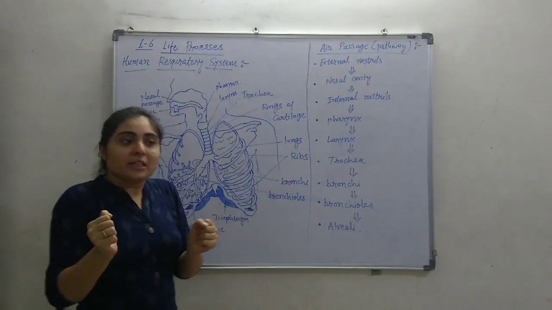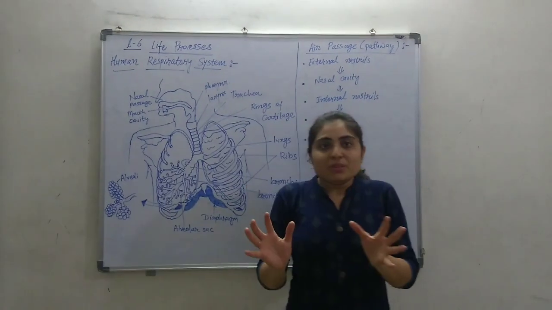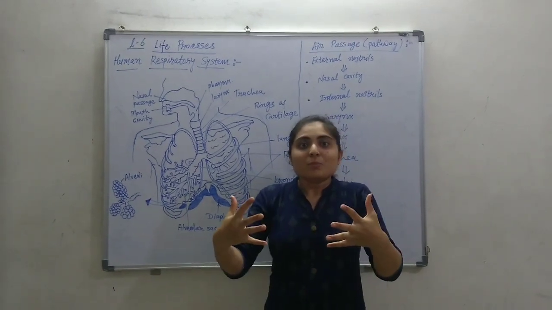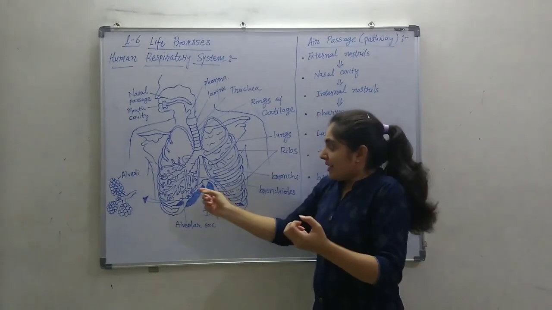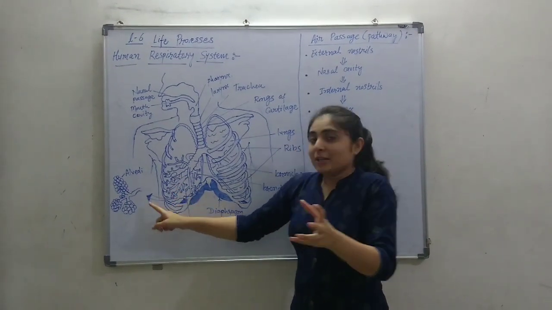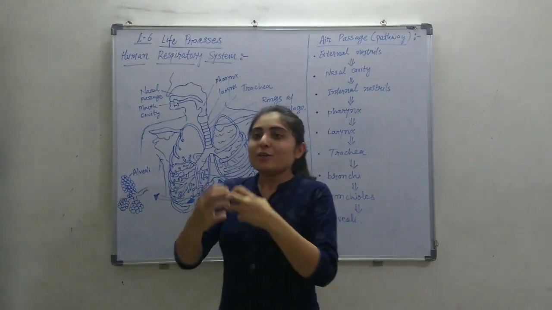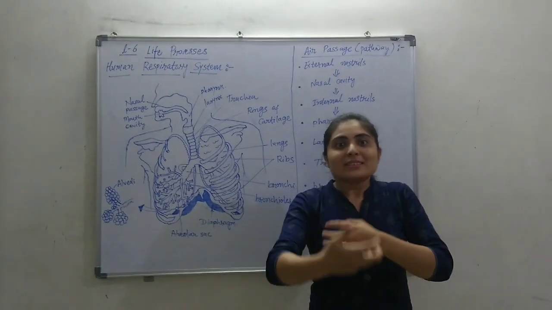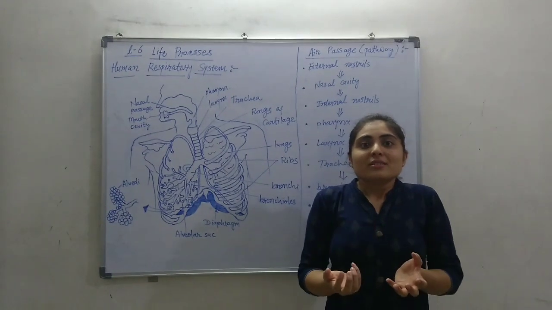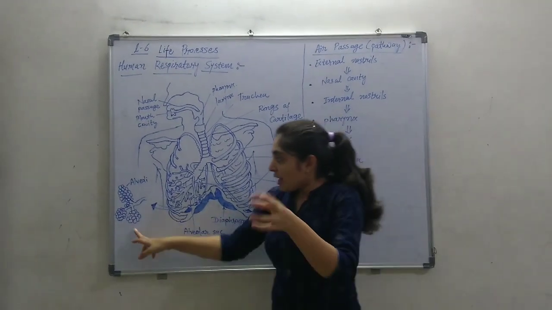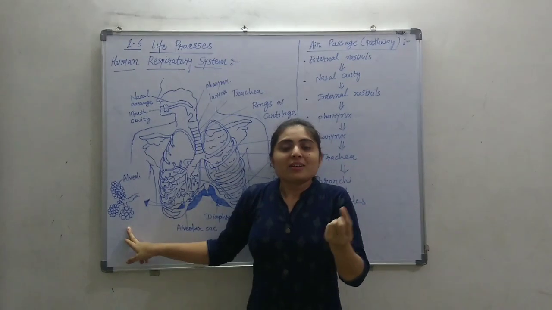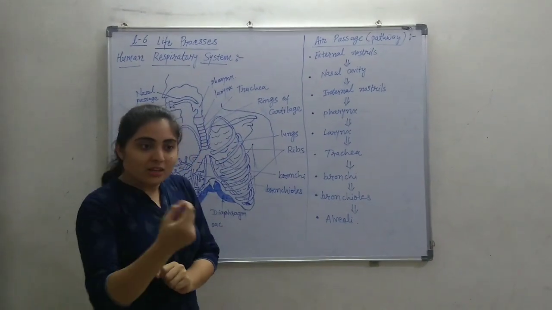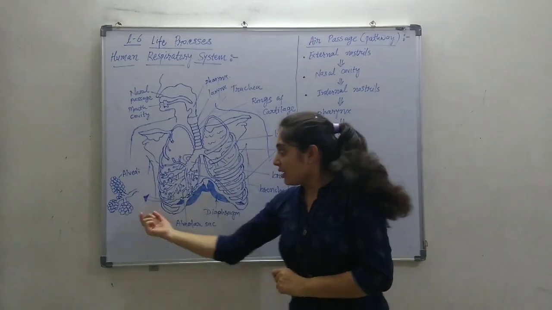It is simply a balloon-like structure. As it fills up, the alveoli are surrounded by blood capillaries. Very fine blood capillaries surround each alveolus.